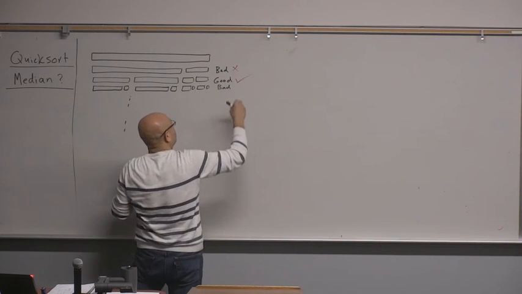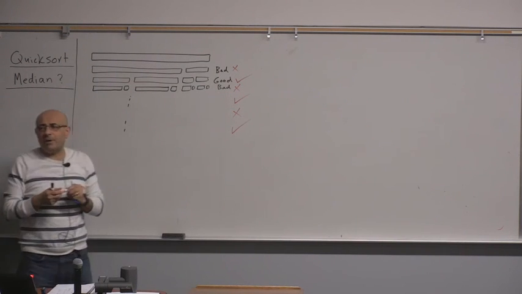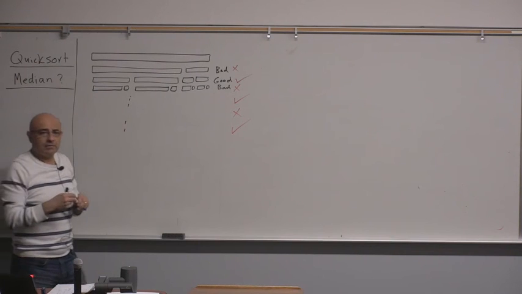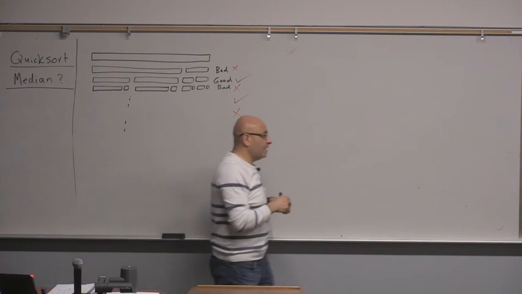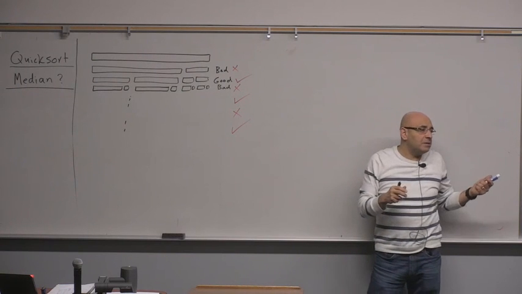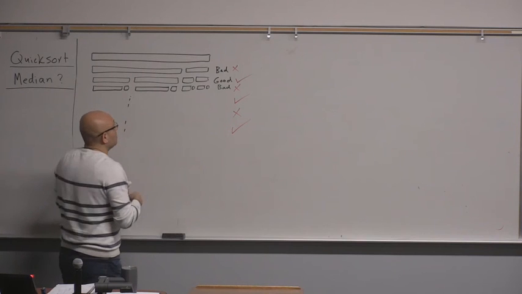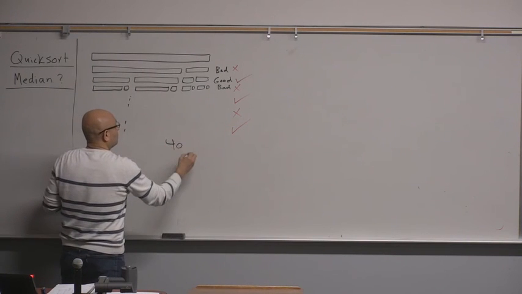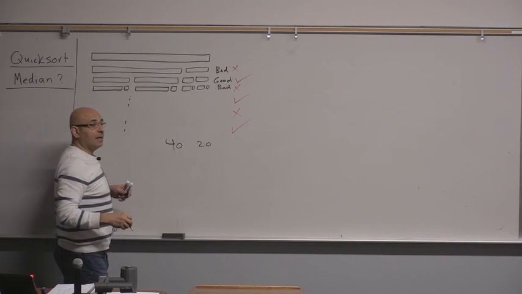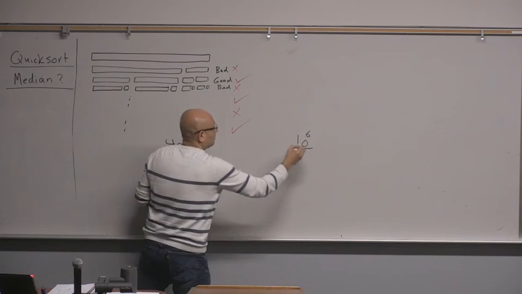This is making progress. This is wasted. This is making progress. Wasted, making progress. So it's like doubling the number of levels. If you really get a mix of good and bad, you will be simply doubling the number of levels. So the number of levels is going to be 40 instead of 20. And that's not nearly as bad as a million. This is a constant.